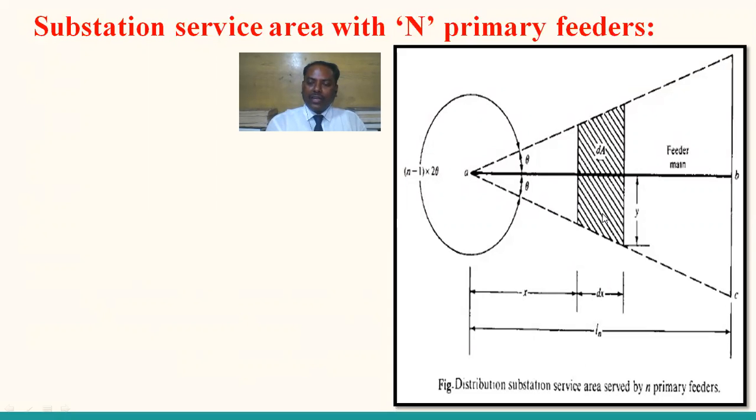Once you have evaluated the voltage drop for the small differential area, 0 to X, extend the same discussion to 0 to Ln, so that the total voltage drop of a feeder can be calculated. This is the analysis here simply.